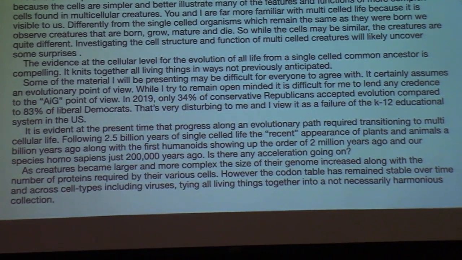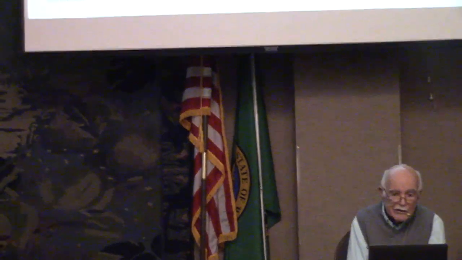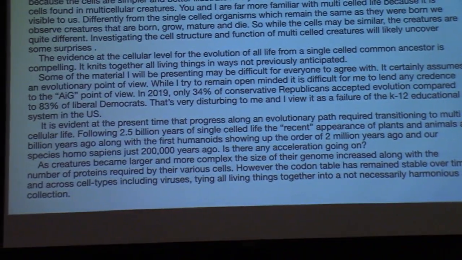Investigating the cell structure and the function of the cells in those multi-cell creatures will likely uncover for us some surprises. The evidence at a cellular level for the evolution of all life from a single cell common ancestor is compelling. It knits together all living things in ways that we might not have previously anticipated.